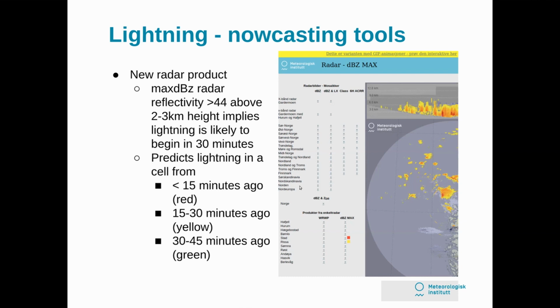And if there's a green square, it means that the cell was from more than 30 minutes ago, so lightning probably already happened, or the forecast for this was wrong and it didn't happen. But this is still in test phase, and I don't have much experience with this yet. I'm trying to look at this throughout the summer and see how this behaves.